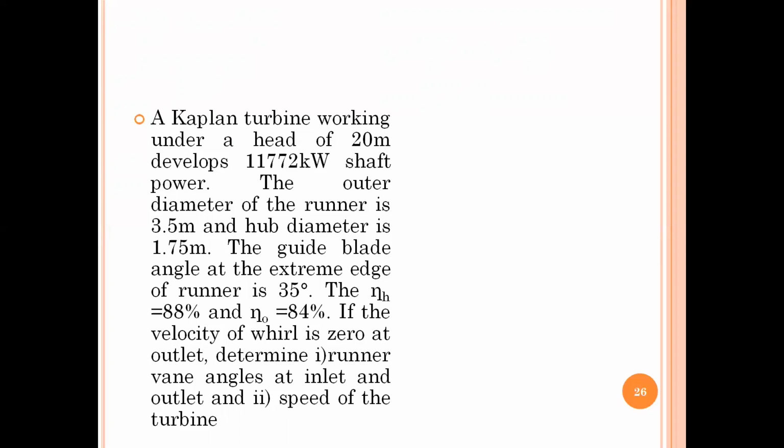The guide blade angle at the extreme edge of runner is 35 degree. The hydraulic efficiency is equal to 88% and overall efficiency is equal to 84%. If the velocity of whirl is 0 at outlet, determine first one, the runner vane angles at inlet and outlet and the speed of the turbine.